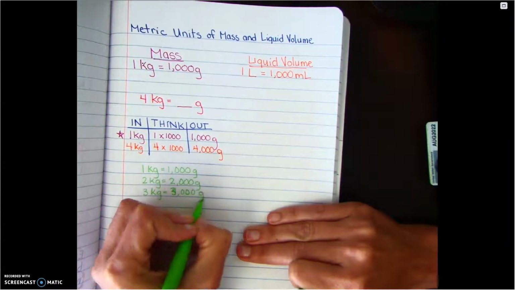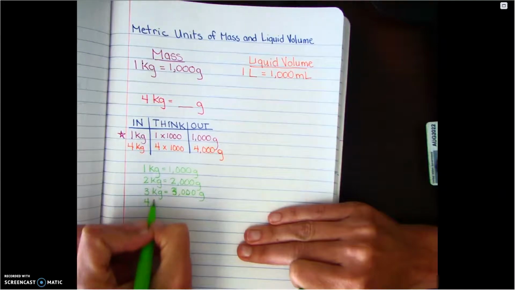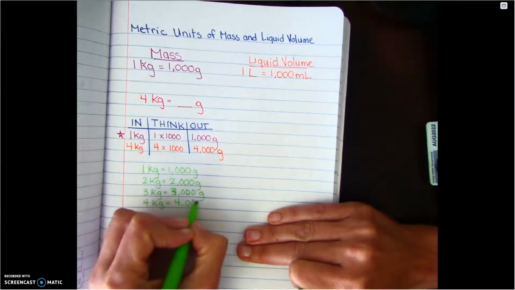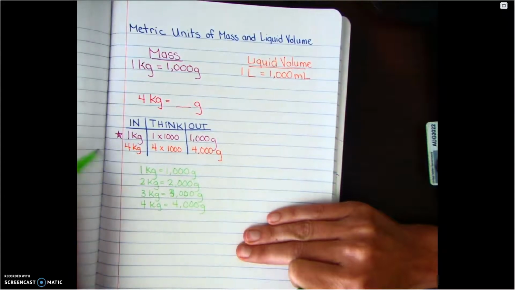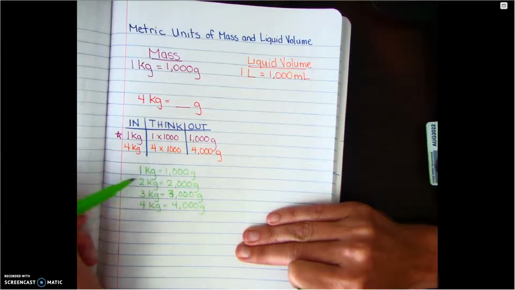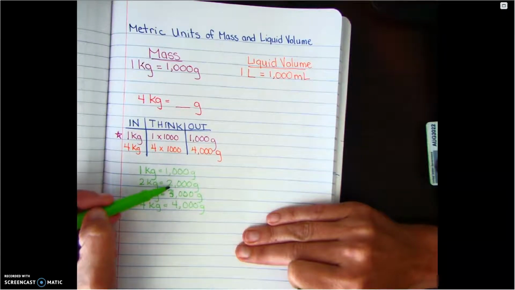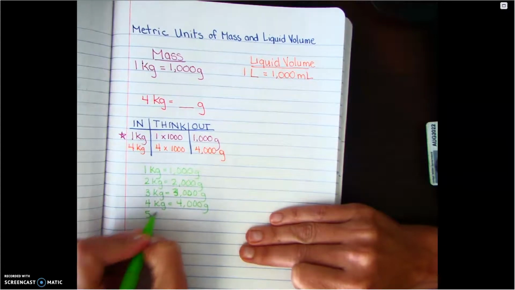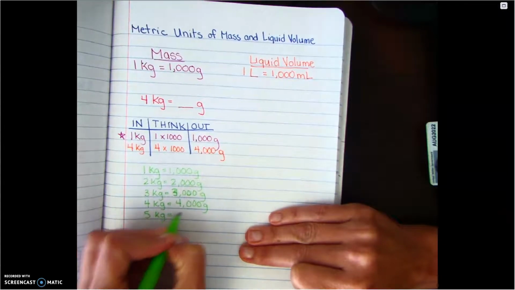I got ahead of myself. If we have 4 kilograms, that's 4,000 grams. Do you start to see the pattern? For every kilogram, it just adds 1 more thousand of grams. So it's 1,000, 2 is 2,000, 3 is 3,000, 4 is 4,000, and 5 would be 5,000.